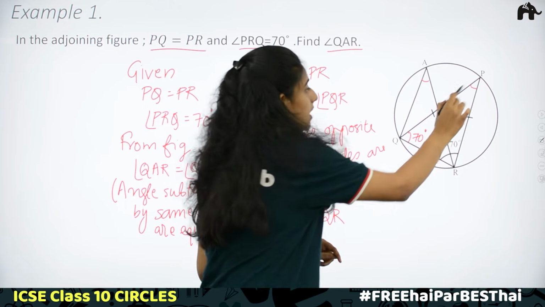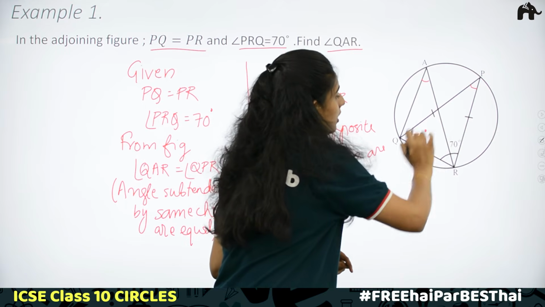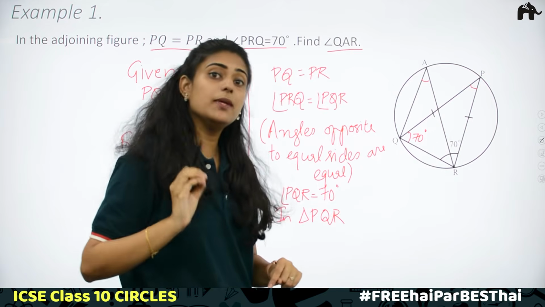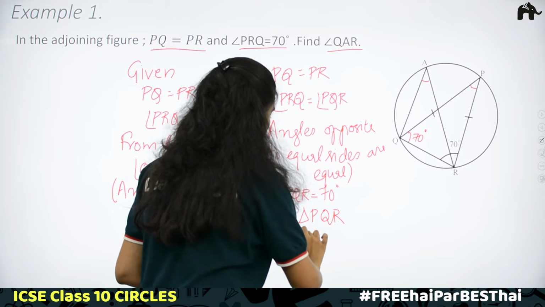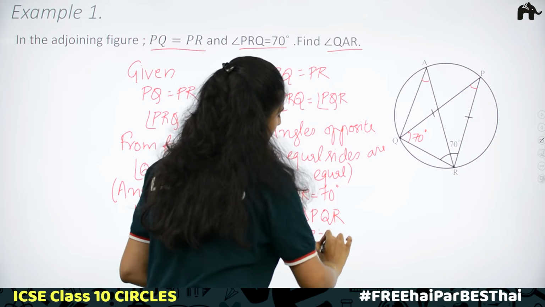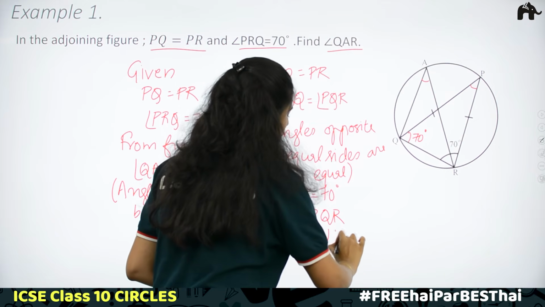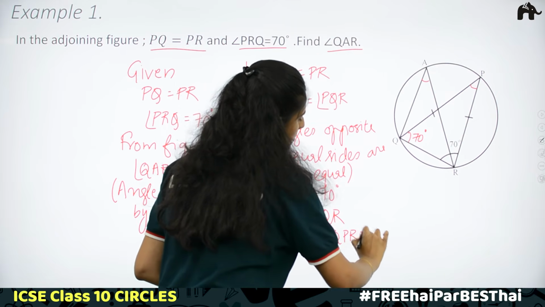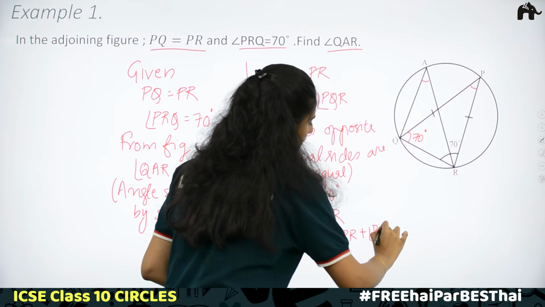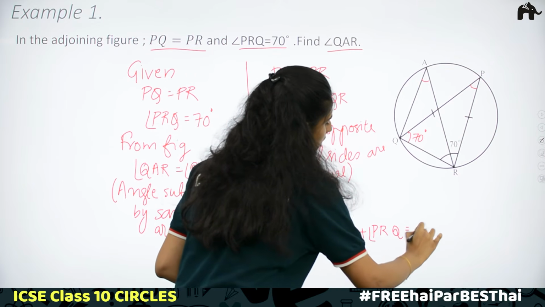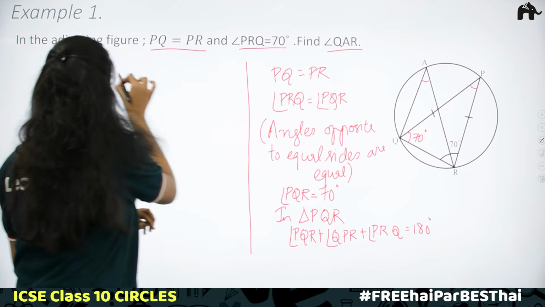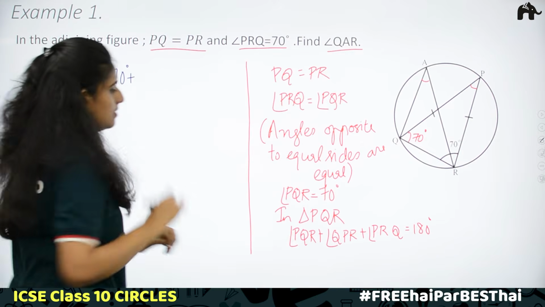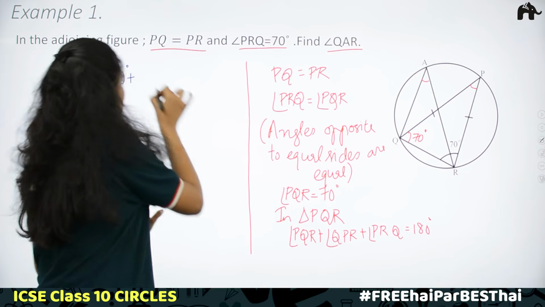We also know that the sum of all the interior angles of a triangle will be equal to 180 degree. Therefore, angle PQR plus angle QPR plus angle PRQ is equal to 180 degrees. What is PQR? PQR is 70 degree plus QPR. QPR we don't know.